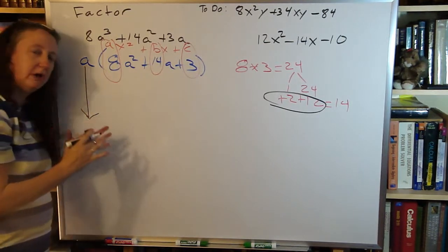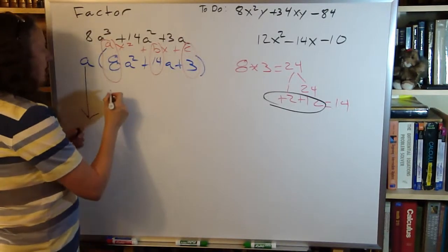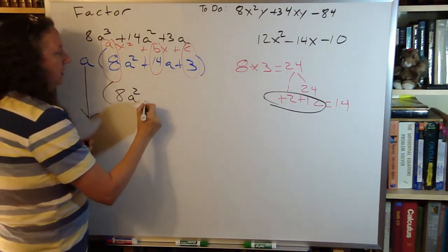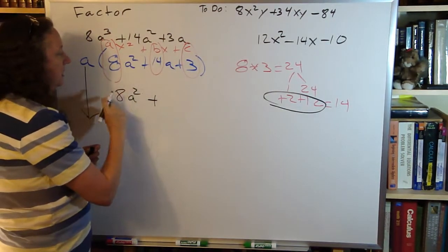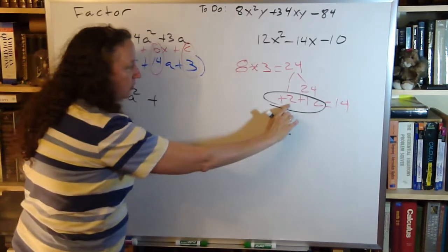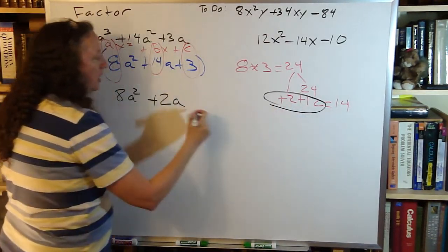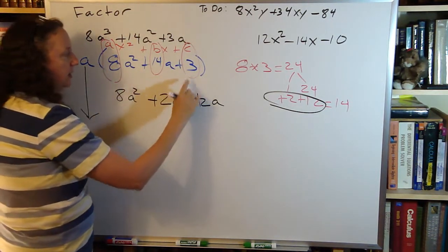I'm going to ignore it for a while, but I can't forget about it. Then I have my 8a squared plus 2a plus 12a plus 3.